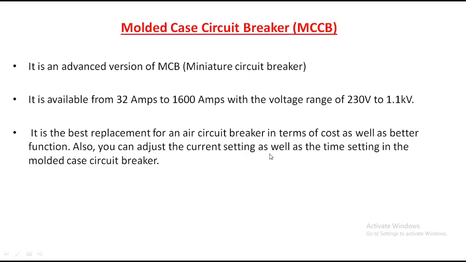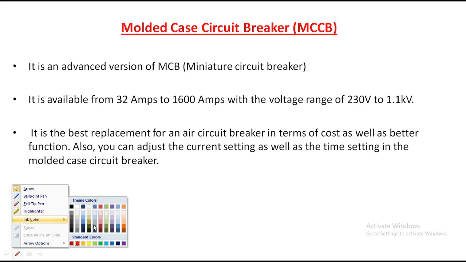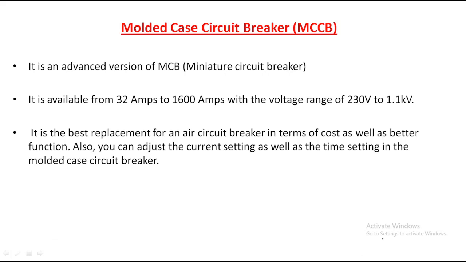Also, you can adjust the current setting as well as the time setting in the molded case circuit breaker. That means we can change the current setting. For example, for a particular area, for a particular panel, this MCCB rating is, for example, 1200 amps as the fault current.